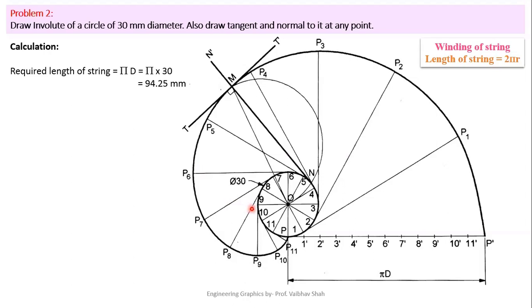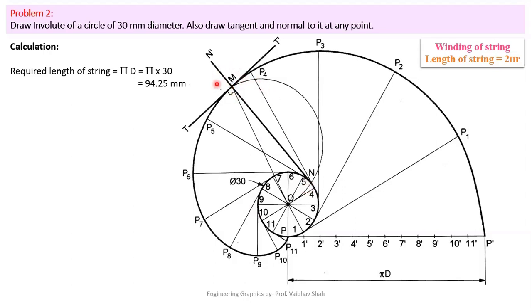It is possible that the semicircle will pass between points 9 and 10 of this circle if we draw the semicircle on the left hand side of this line MO. Now if we draw the semicircle on the right hand side, like I have drawn in this example, you can observe that our semicircle is passing between points 4 and 5 on this circle. So the logic is very clear.